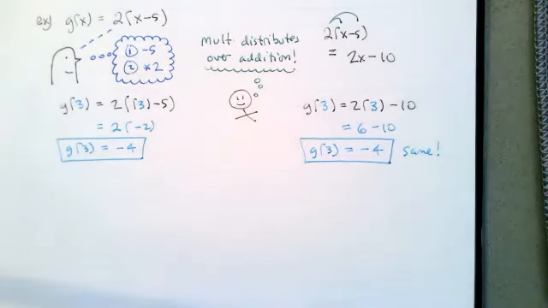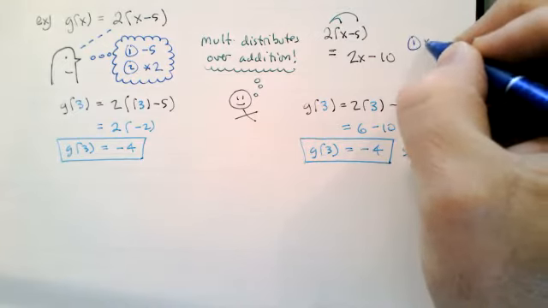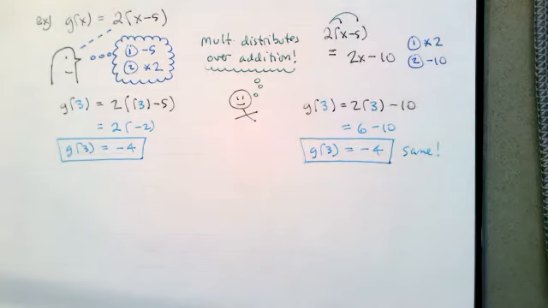So they're thinking multiplication distributes over addition. So they rewrote the function as 2x minus 10, and it was the same thing. When we see 2x minus 10, if we wanted to write this down as operations, first we're multiplying by 2. Since we've removed the parentheses, now the multiplication by 2 comes first, but instead of subtracting 5, we are subtracting 10.